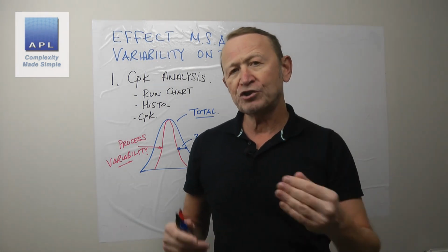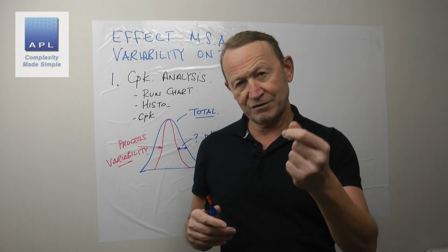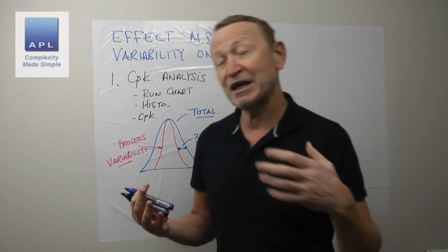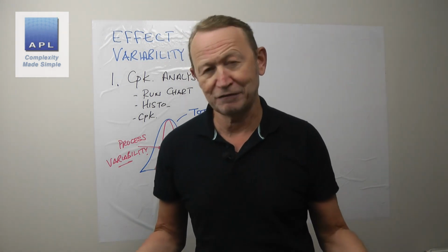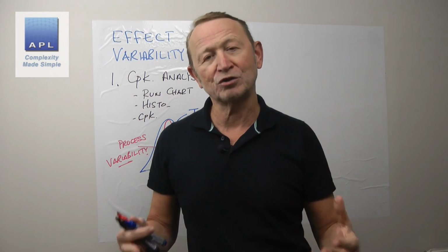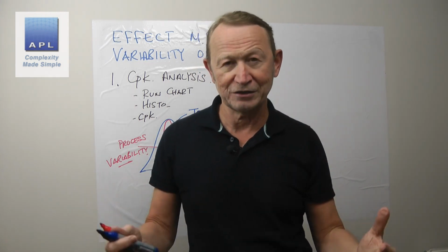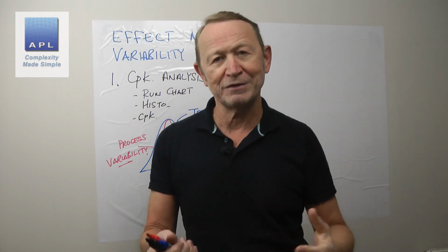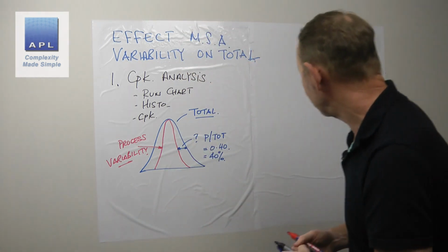Now, if you wanted to try and understand the effect mathematically, or you wanted to say, if I halved the variability from my measurement system, how much would I affect the total variability of the result? This is how variability interacts with one another.